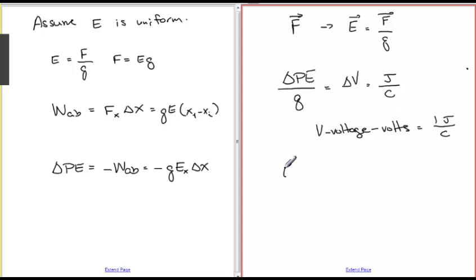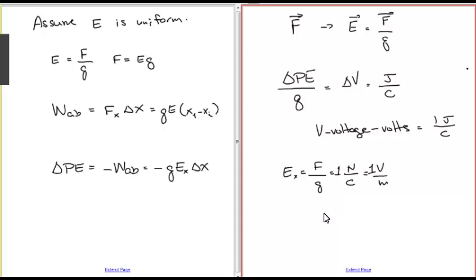The electric field, if you remember, has original units of force per unit charge, which is newtons per coulomb. It turns out that if you solve here, it can also be defined as volts per meter. So 1 newton per coulomb also equals 1 volt per meter for the electric field. We'll come back to that later.